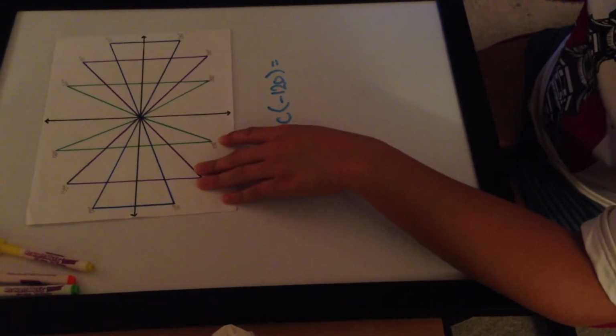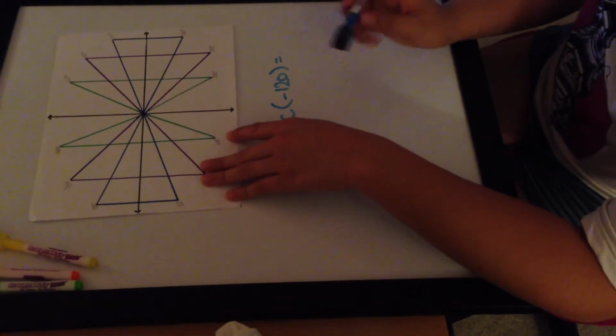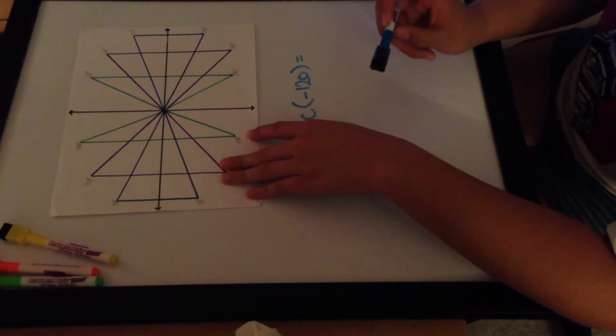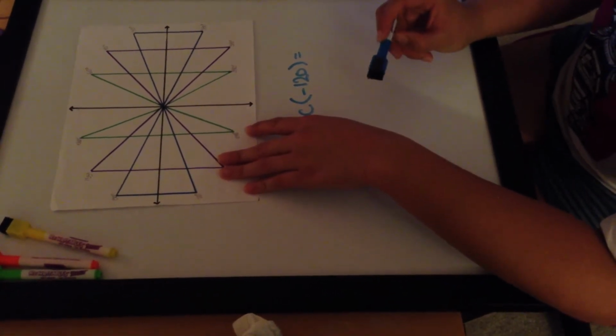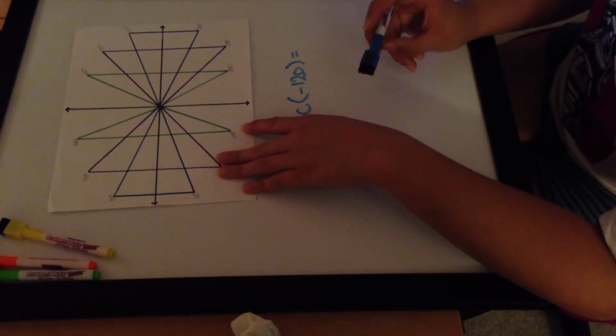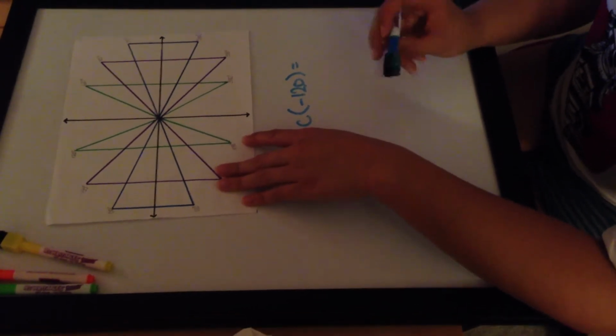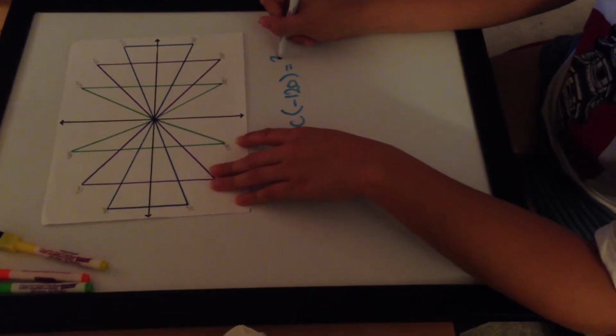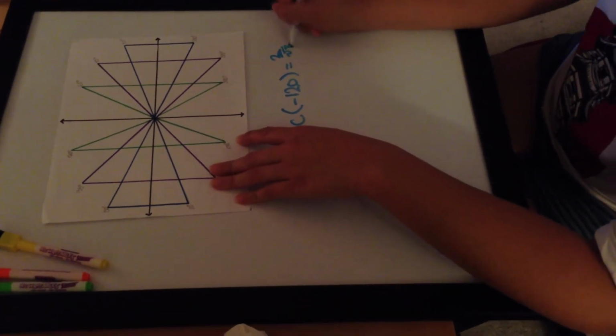If we take the sine of this value, it is negative root 3 over 2. And if we were going to take the reciprocal of that, it would end up being a 2 over root 3 as well.